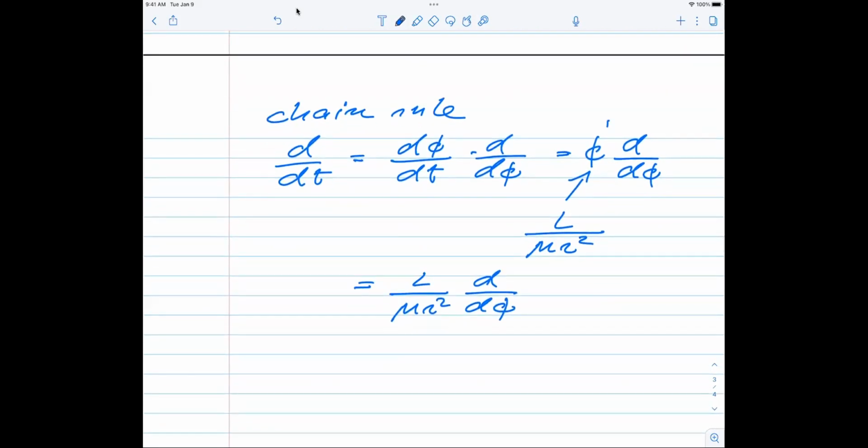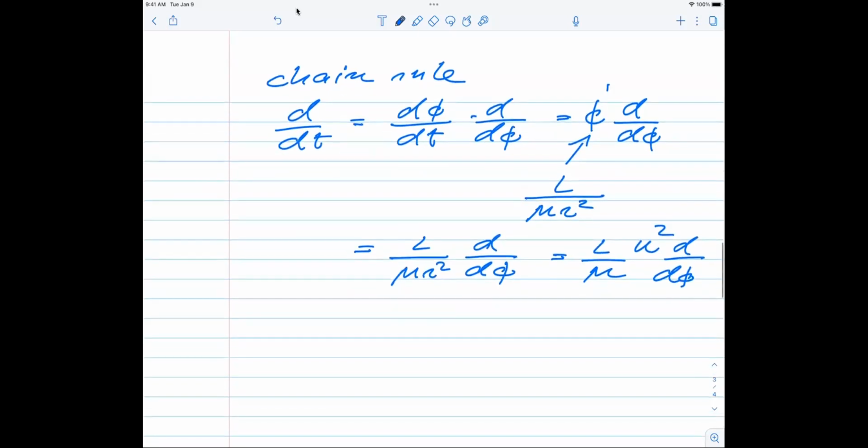Then what we need now is obviously d dt, and we can rewrite that in terms of this quantity u. So we have L divided by mu, and then we defined r to be 1 over u. So we have u squared and d d phi. Then we know that the radial velocity, so this is the next step, is actually d r dt.